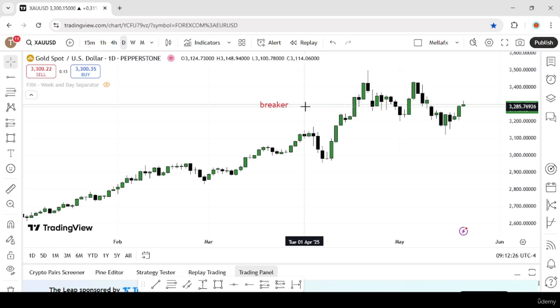So remember, in line with the direction of the market, there's a bullish breaker and also a bearish breaker. Essentially, it's just a failed order block.